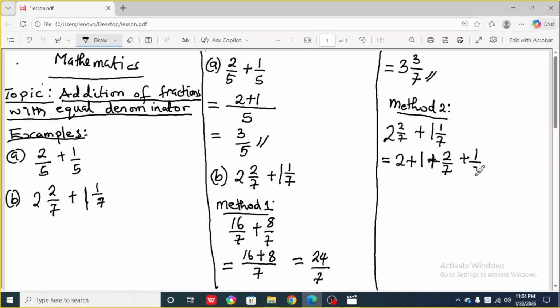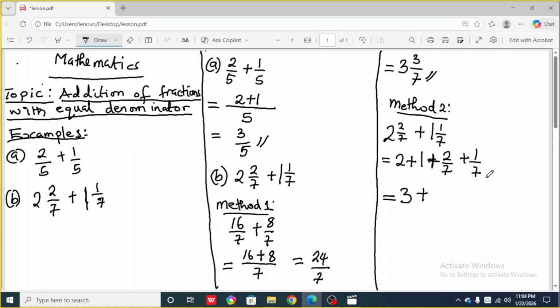So now we move to the next step. The next step, we have to add the like terms. The first like term is our whole number. So 2 plus 1, that is 3. We put our plus. Then we now want to add fraction. Already the fraction now has equal denominator. So now we can take the denominator.